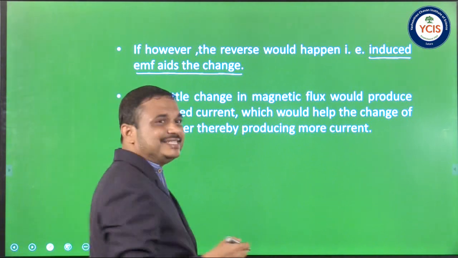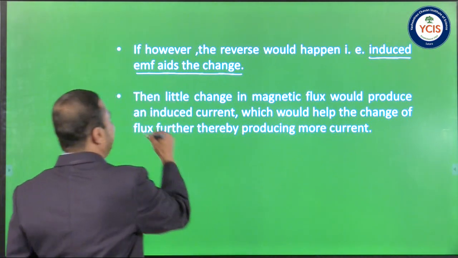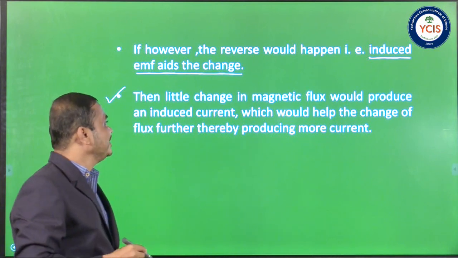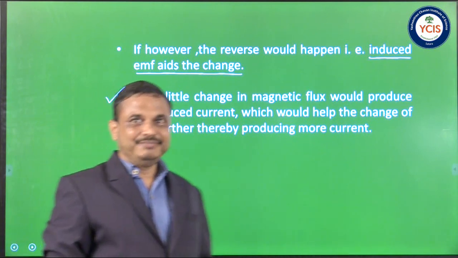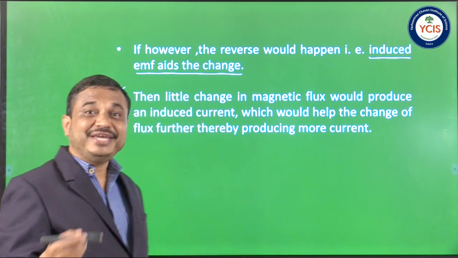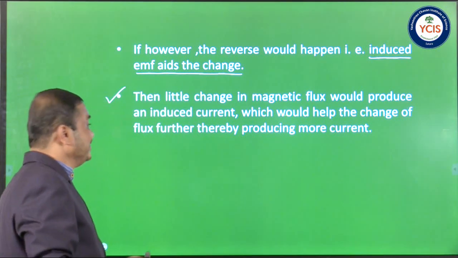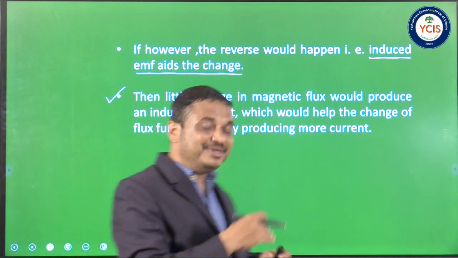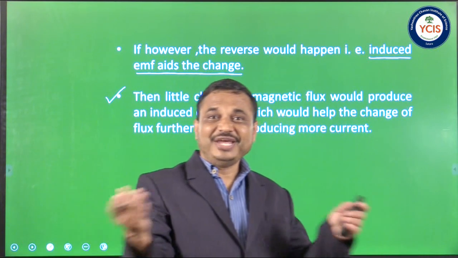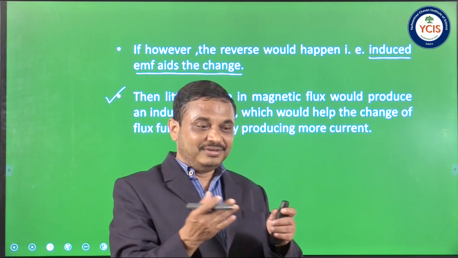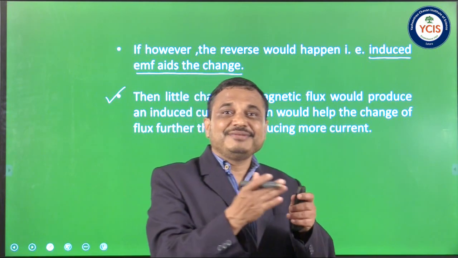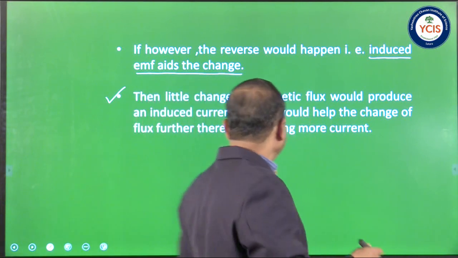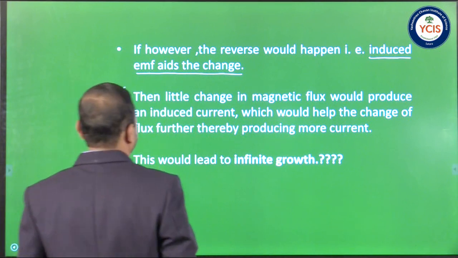So a little change in magnetic flux produces an induced current with the help of the change of magnetic flux, and further it produces more current, because here the induced EMF aids the change in magnetic flux. Suppose we bring an N pole towards the coil, then that face acts as an S pole, and that S pole attracts the magnet, and the rate of change of magnetic flux goes on increasing, that is, induced EMF or induced current aids this rate of change.